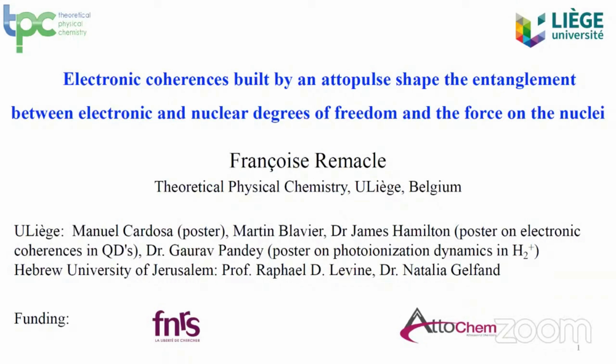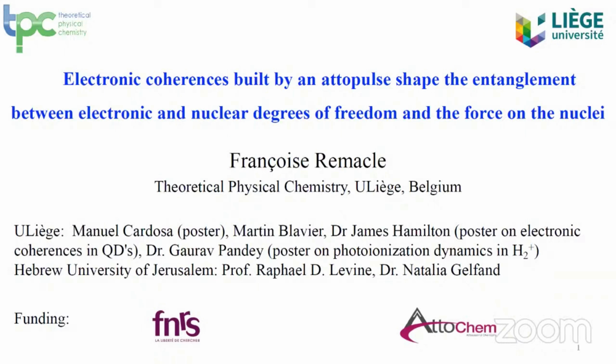Okay. Please. So, good afternoon, and thanks to Carla and her team for organizing this meeting. I will talk about the role of electronic coherence and how it can be used, when produced with an attopulse, to shape the entanglement between electrons and nuclei in molecules, and what is the influence of this entanglement on the force on the nuclei.